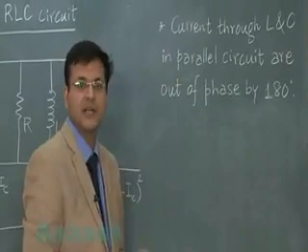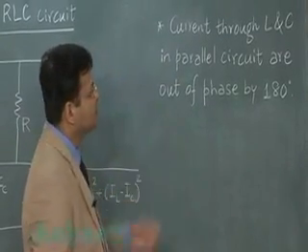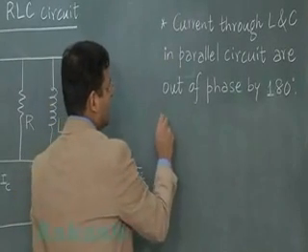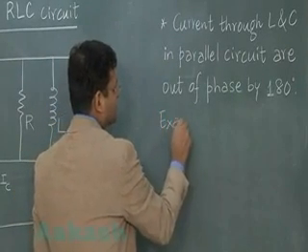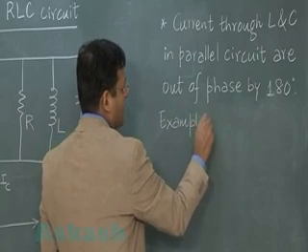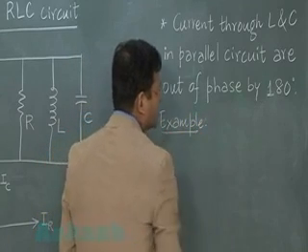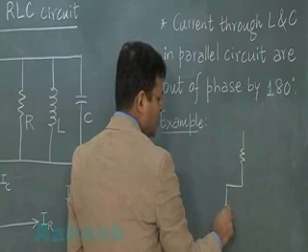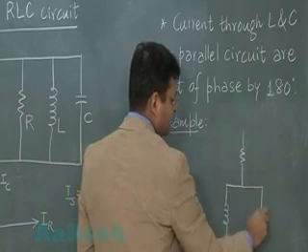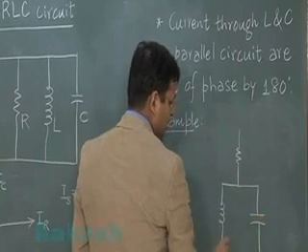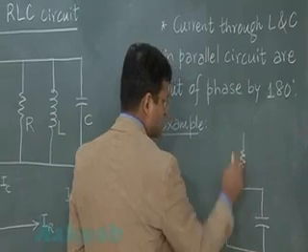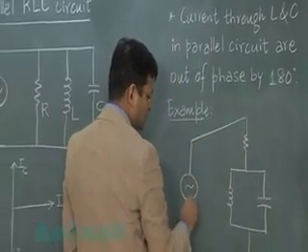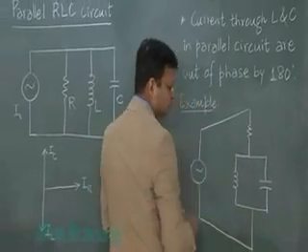Now what is the meaning of this? The meaning of this particular thing can be understood if you consider an example. Imagine a situation in which I am giving you a resistance connected to an inductor and capacitor like this, and this is connected to an alternating source.